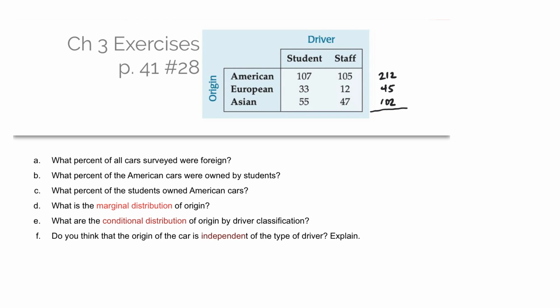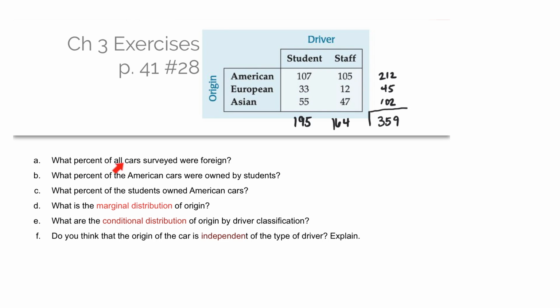Now, if I add those values together, I'm going to get the entire total for the whole table, which would be 359 people or cars involved in this survey. There were 195 students and there were 164 staff members. Now, this is relevant when I go to answer these questions at the bottom. If I know these totals, these marginal values, that's important for later on, this is really going to make my job a lot quicker.